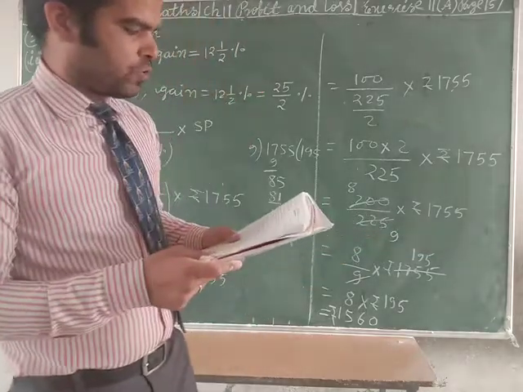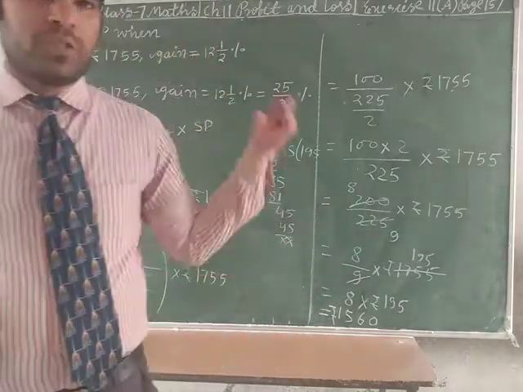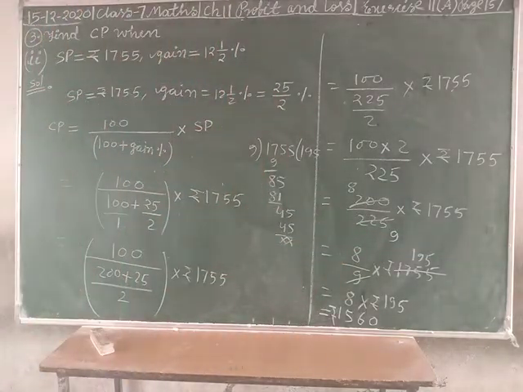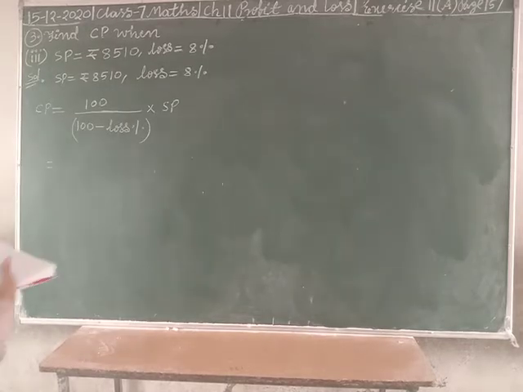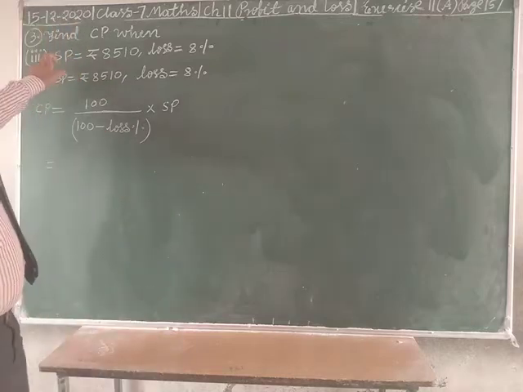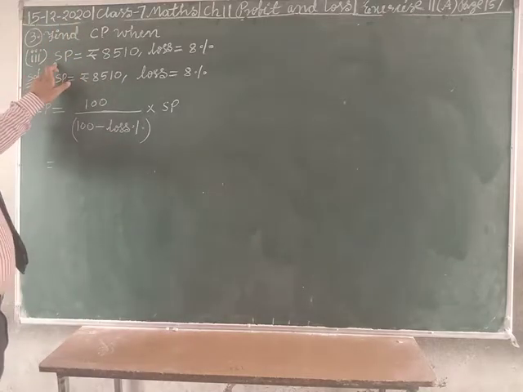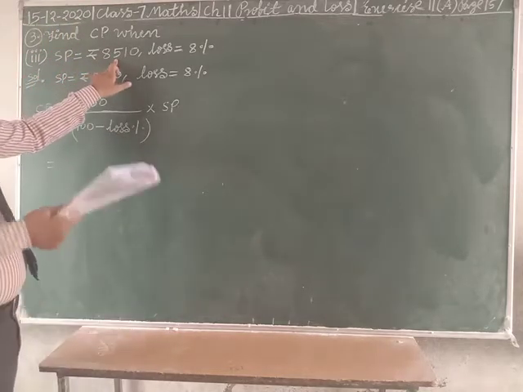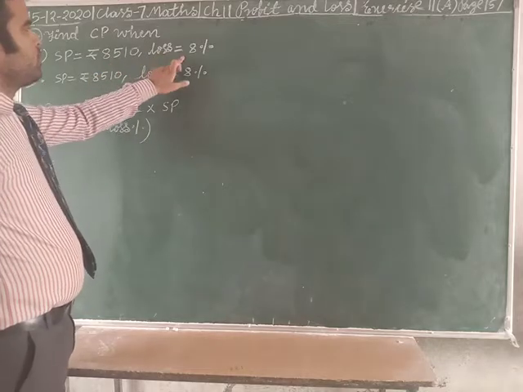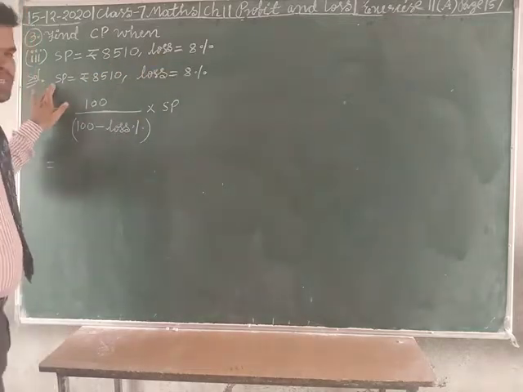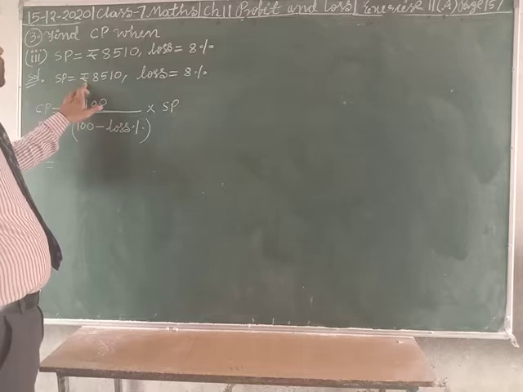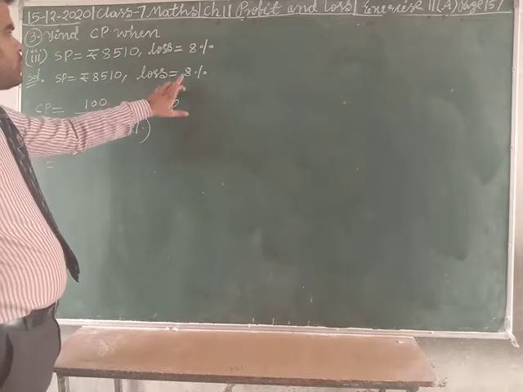Now we will see the next question, the 3rd part of question number 3. Students, now we will see the 3rd question of question number 3. SP is equal to rupees 8510 and loss equal to 8%. We write the first step same as the question. SP is equal to rupees 8,510 and loss equal to 8%.